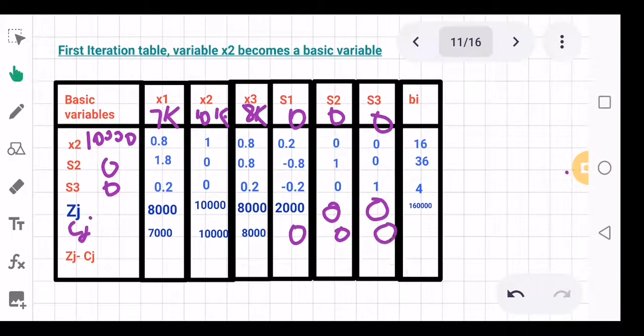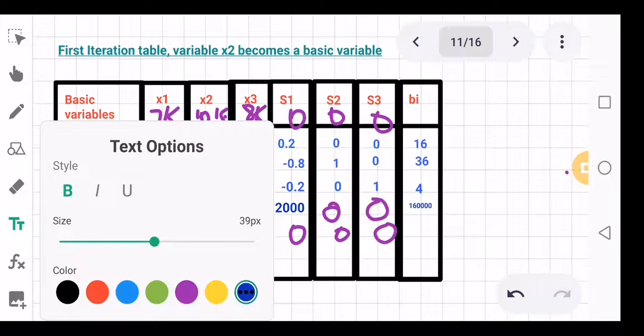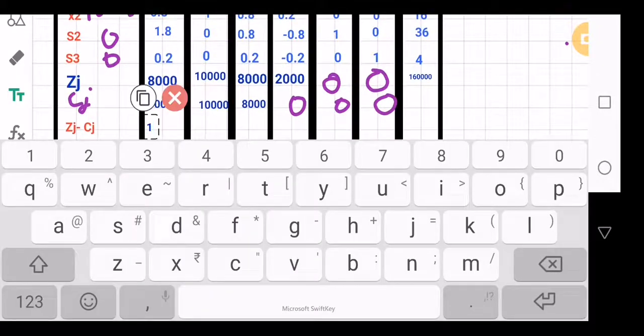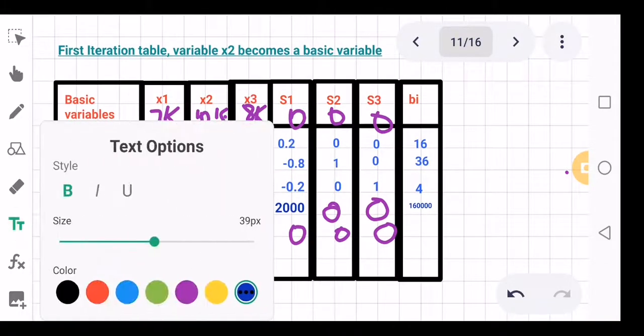Now next what you have to do, Zj minus Cj. That is 8,000 minus 7,000, which is 1,000. I'll write this down as 1,000. This is the important part.